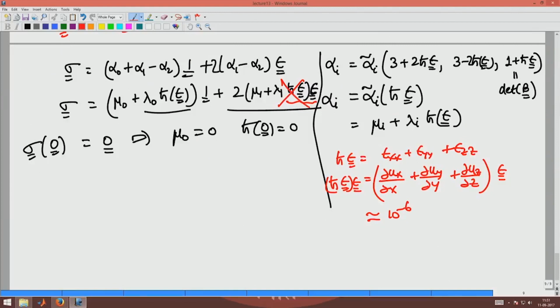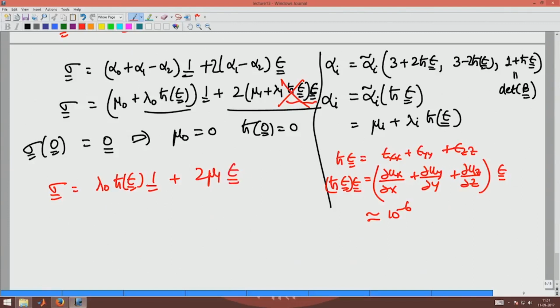Okay. So, you get finally the stress to be given by lambda naught trace epsilon identity plus 2 mu 1 epsilon. Okay.